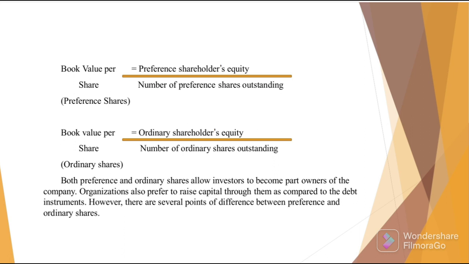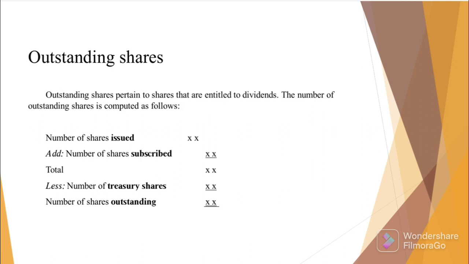Outstanding shares. So first of all, let's define what are outstanding shares. Outstanding shares refer to a company's stock currently held by all its shareholders, including share blocks held by institutional investors and restricted shares owned by company officers and insiders.